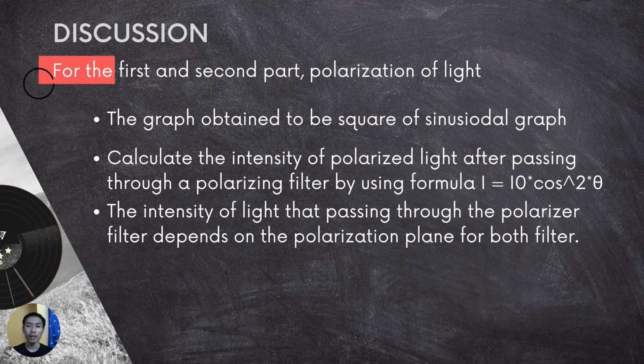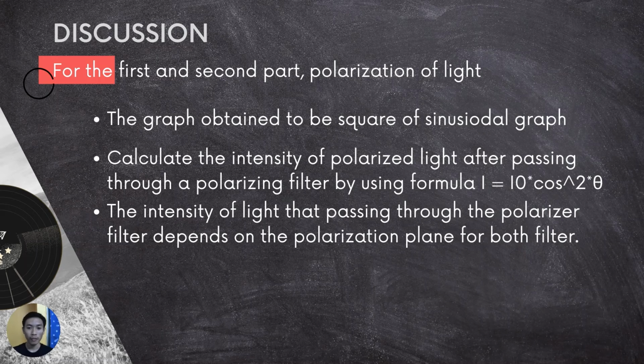This is because the lowest reading of light intensity was 0 and there was no negative value for intensity of light in our experiment. So the lower point of the graph just belongs to the x-axis, which is y equal to 0.